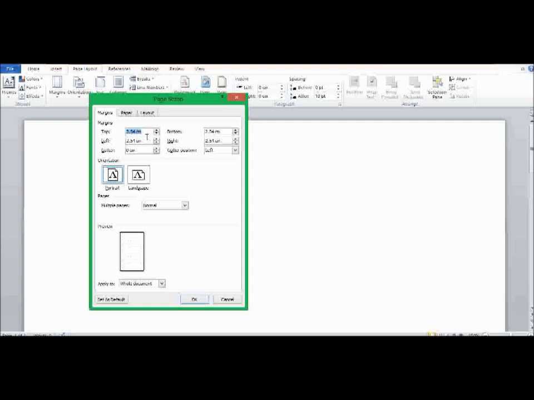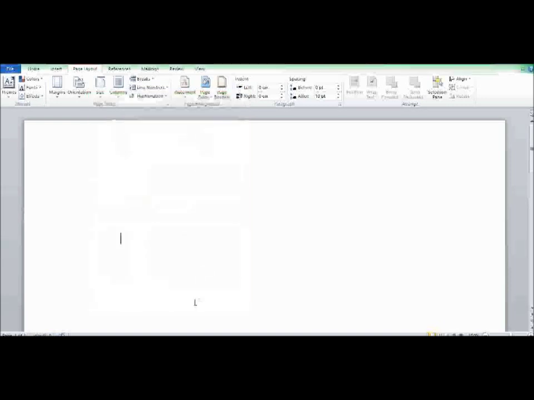Now change the top margin to 5.08 and the left margin to 4.32, and leave the rest the same. Select OK. Now these settings have been applied.